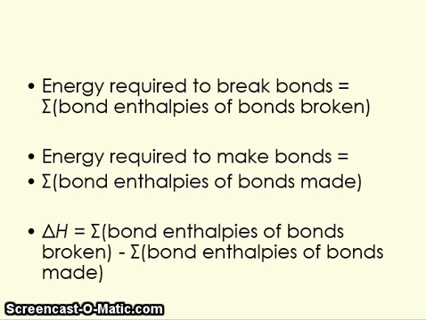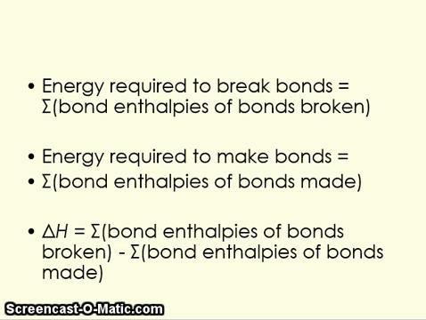Now, if you think about your signs for exothermic and endothermic, this makes sense. An exothermic reaction, we've talked about as having a negative enthalpy. And we've also talked about at GCSE level that if you've got an exothermic, that means the bonds you're making are stronger than the ones that you're breaking.